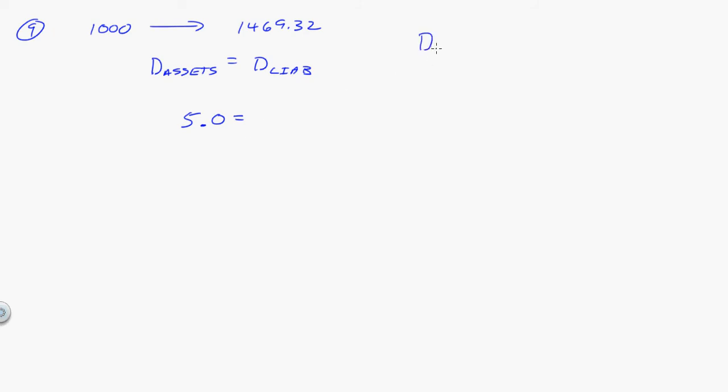The duration of a portfolio of bonds is equal to the sum of the weights. So in other words, the duration of my portfolio of 2 bonds is equal to the weight in bond A times the duration of bond A plus the weight in bond B times the duration in bond B. I also know the weight I put in A plus the weight I put in B has to equal 100% of my weight.